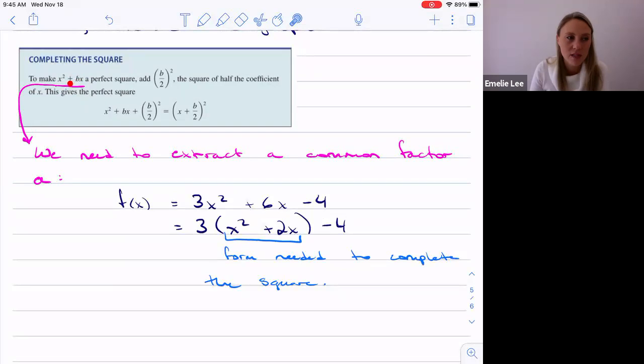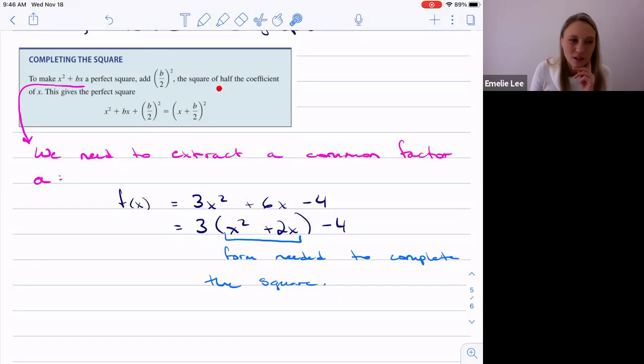You add b over 2 squared, which is weird, but you have your b from here, so b over 2 in our case is 2 over 2 squared. 1 squared is just 1, so we're not doing anything crazy here. Sometimes it can look a little weird, but for this kind of starting problem, it's not going to be that weird.